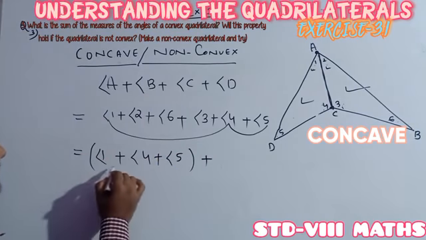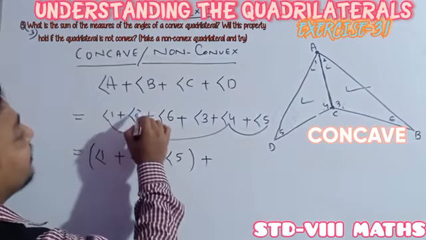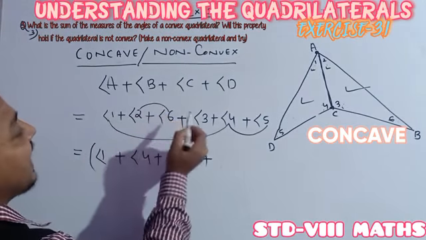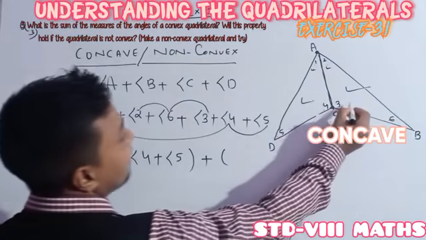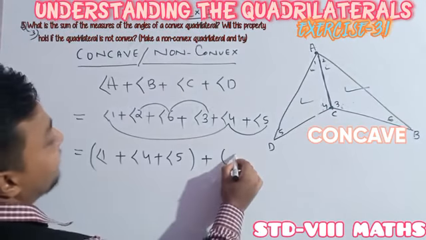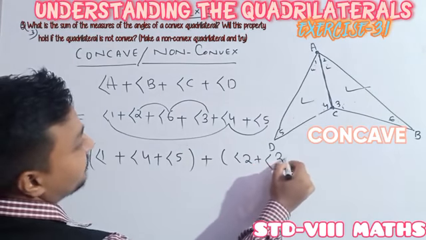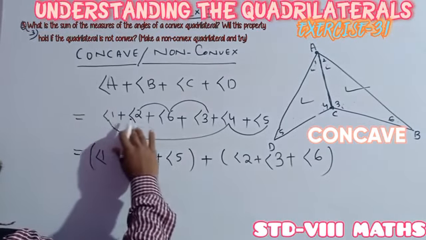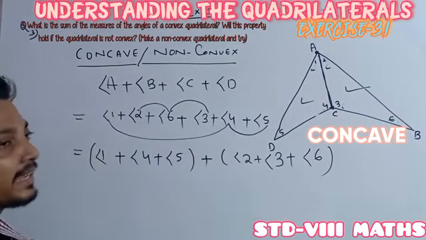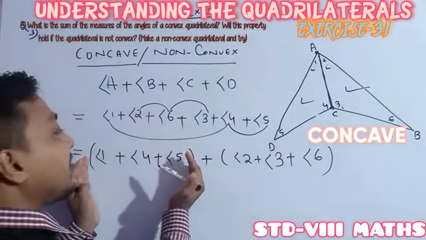Why? Because these are the interior angles of this triangle. Then the remaining 2, 6 and 3 are the interior angles of the other triangle, so I keep angle 2 plus angle 3 plus angle 6. In this step it was the sum of the 6 angles, and the same thing I have separated into two groups of 3 and 3.